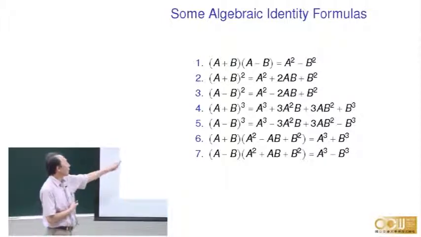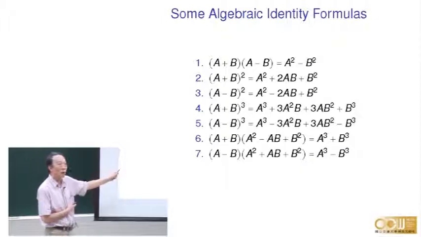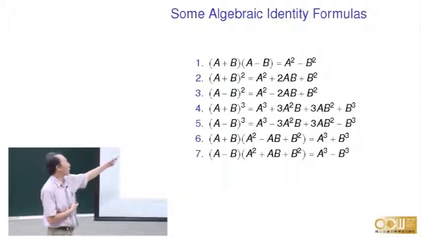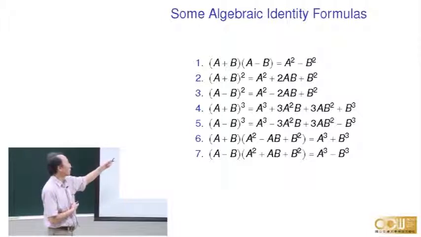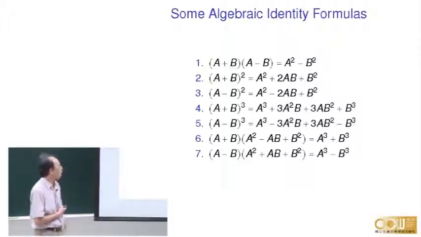The left-hand sides of these two quantities are called perfect squares: the square of the sum for the first one, and the square of the difference for the second one. We are going to use them quite often too.